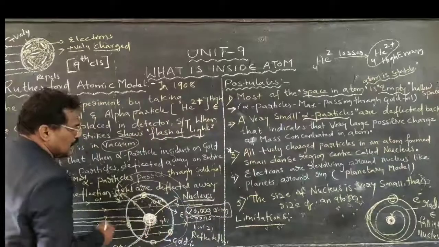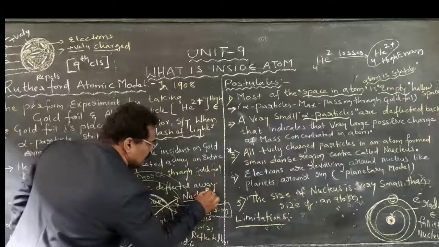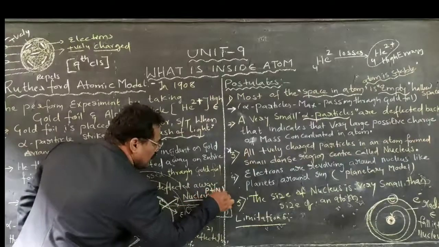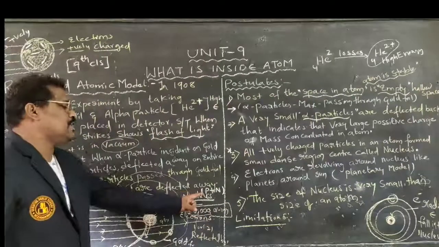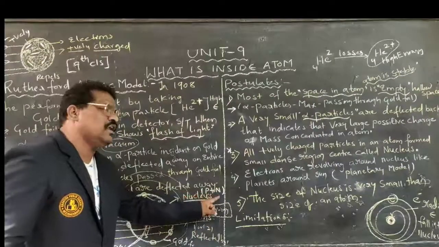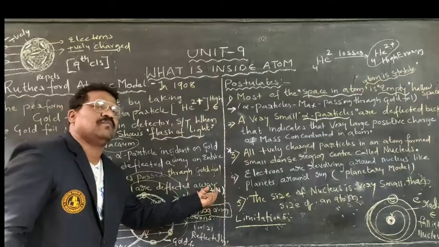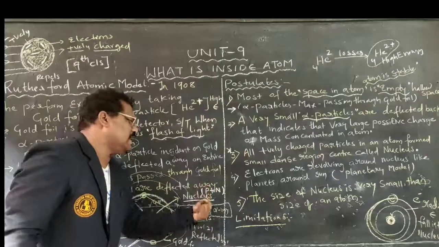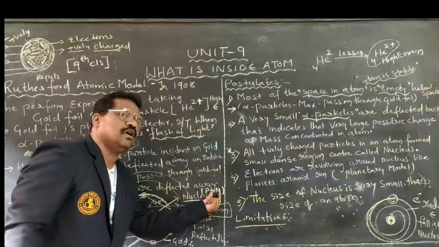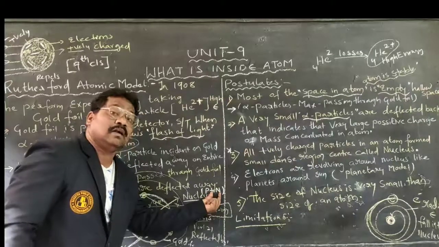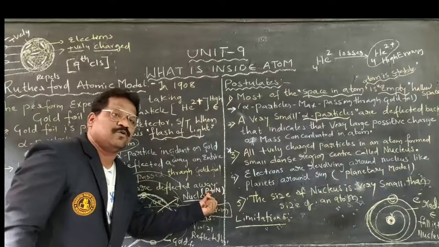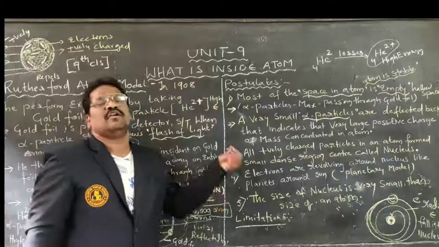In this nucleus, two particles exist. One is the proton, the other is the neutron. The proton is a positively charged particle, and the neutron has neutral charge. The mass of the atom can be identified by proton plus neutron. We have already seen that electron mass is negligible, whereas proton mass is quite equal to neutron mass.